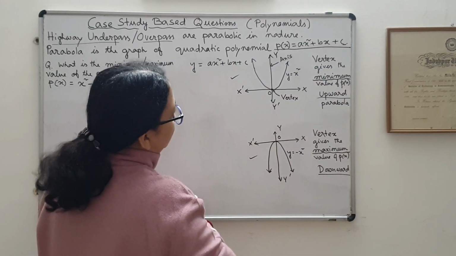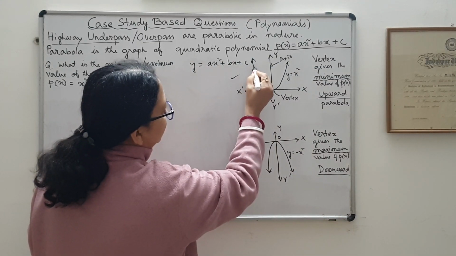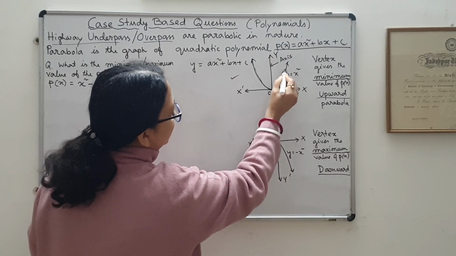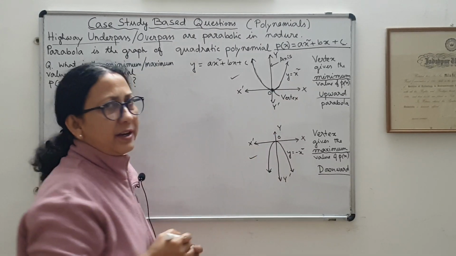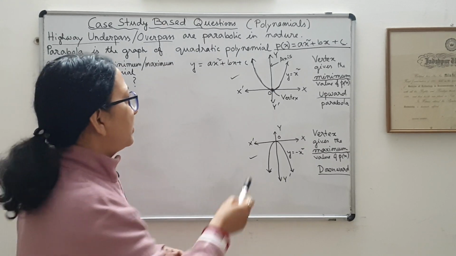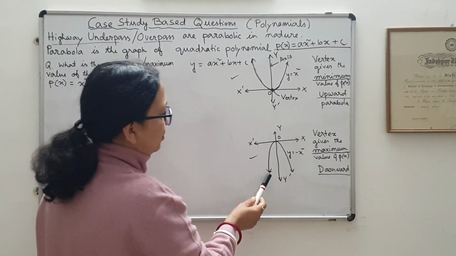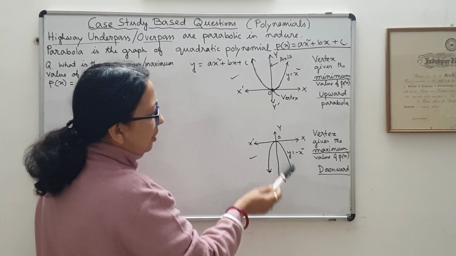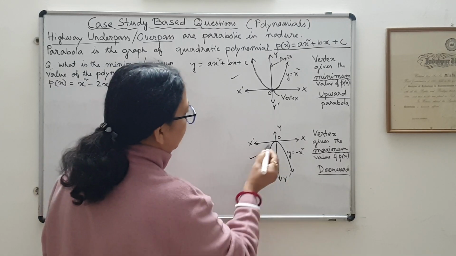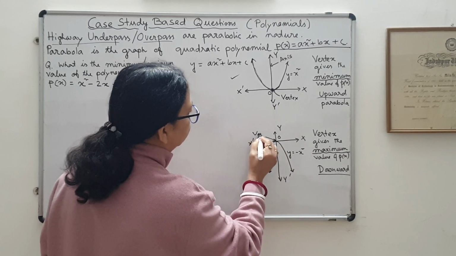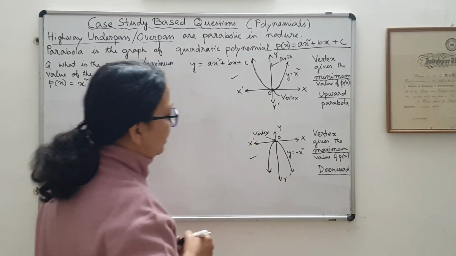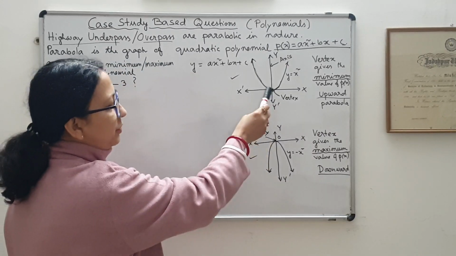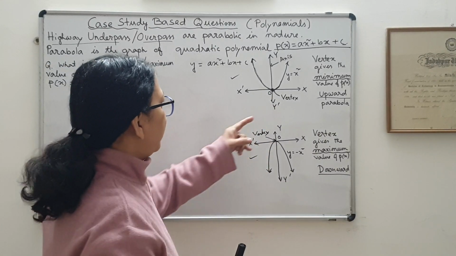Suppose the curve is decreasing in this way, the value of y is decreasing, then at this point it starts increasing. So this point where the direction of the curve changes is known as the vertex. Similarly here also it is increasing, and at that point it starts decreasing. So this is also a vertex, and the origin is also the vertex here. So this is the vertex, the point at which it changes the direction.